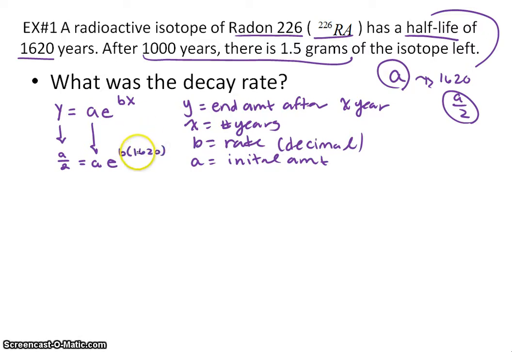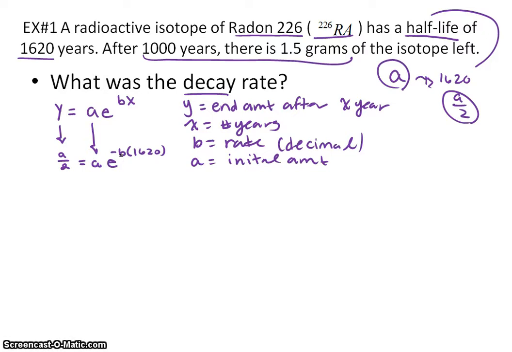So all I did was I plugged in: after 1,620 years, we're going to go from an initial amount A to an end amount A over 2, because y is our end amount. So we're going to end up with half of what we started with in 1,620 years. And since we're going to be decaying, our b is going to be a negative number when it comes out. Okay, so the way our book does it is they make it negative because it's decay. If it's growing, it'll be positive.